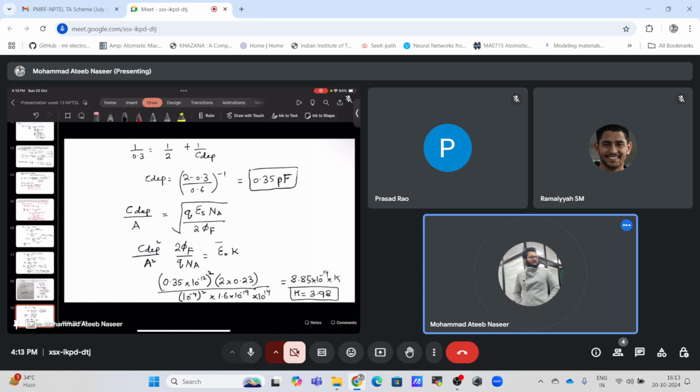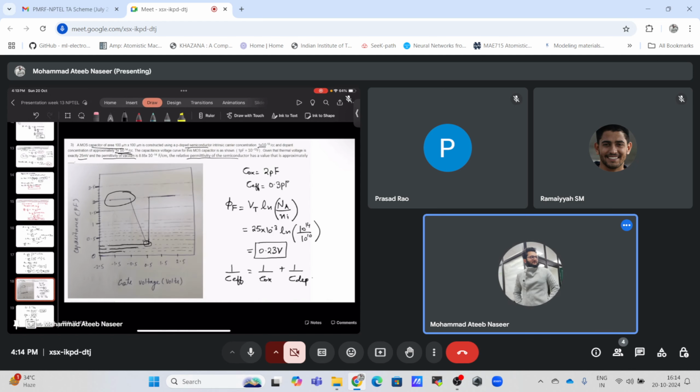This is the value of the relative permittivity that we obtain. So this is what we were required to find out, 3.9.